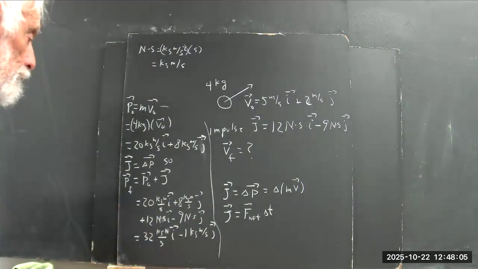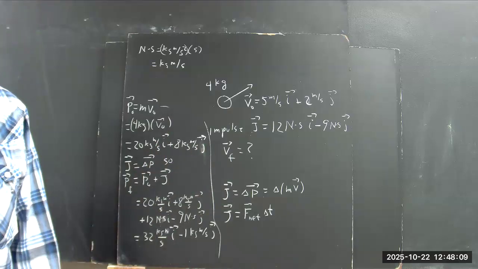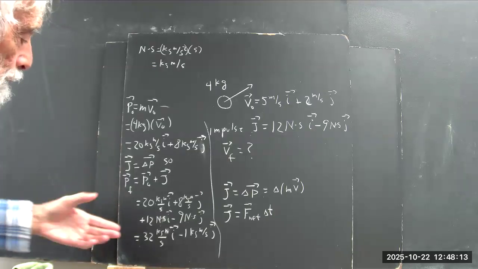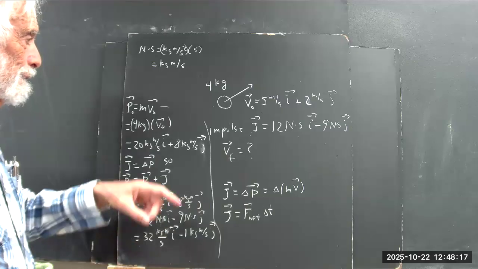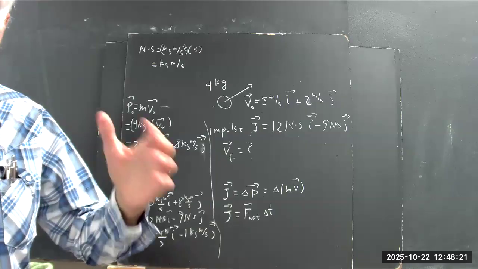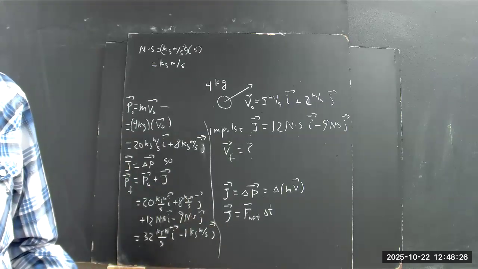Now, VF is just your momentum divided by the mass, right? What everybody pretty much tended to do was essentially divide this by the mass, and write it as m times VF minus v naught and everything, which is not incorrect.